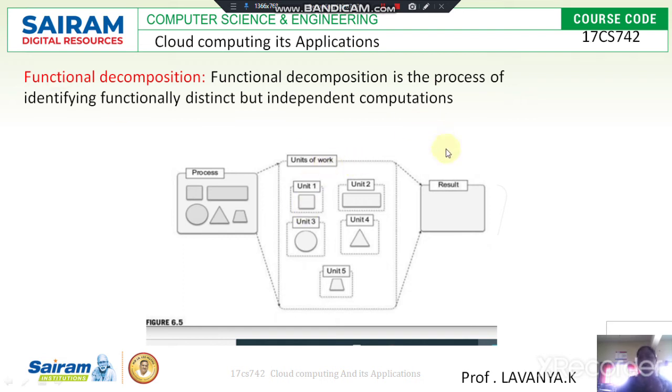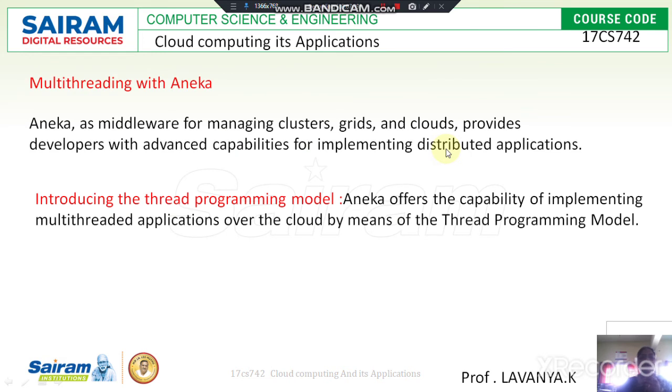Then I will move on to multi-threading with Aneka. Aneka is a middleware software for managing different clouds, clusters and grids. It manages clusters, grids, clouds and data centers, where there is multiple or huge data.